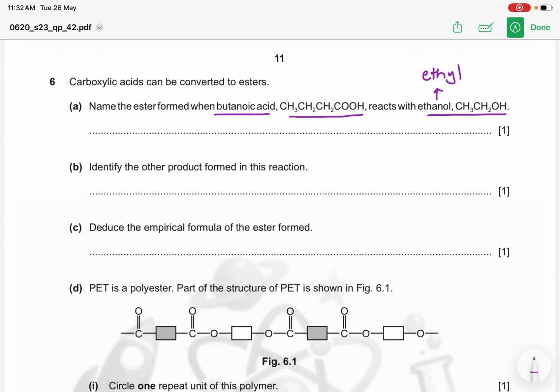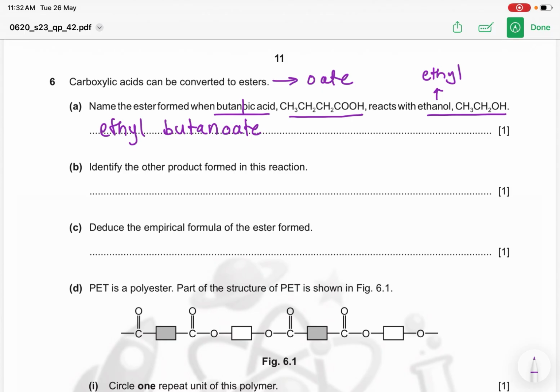The carboxylic acid used is butanoic acid. So we'll write ethyl first. From butanoic, you have to write it till butan. Esters are named as -oate, so we'll just write oate. So the name becomes ethyl butanoate.